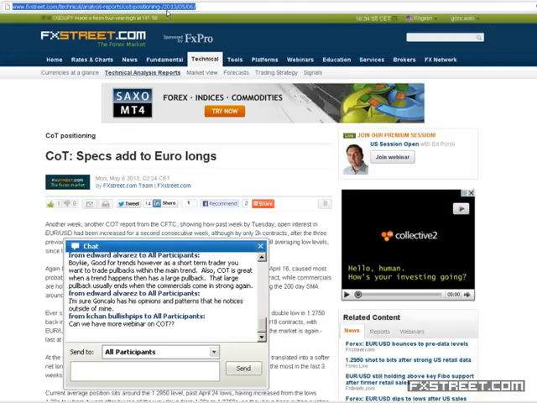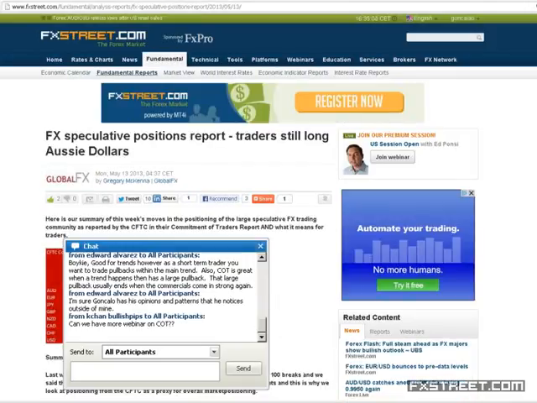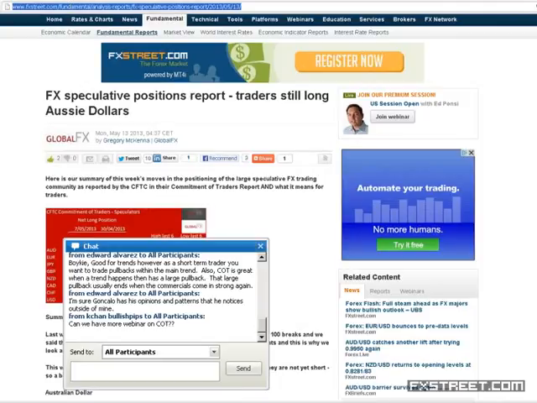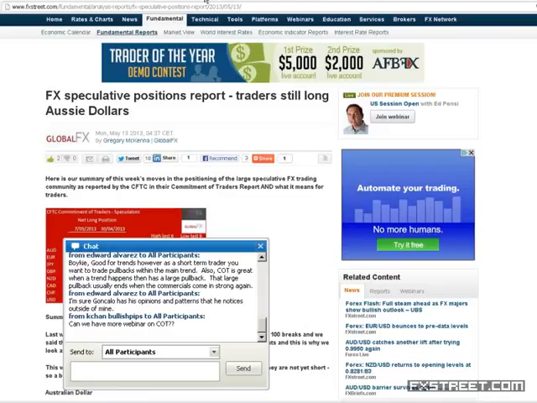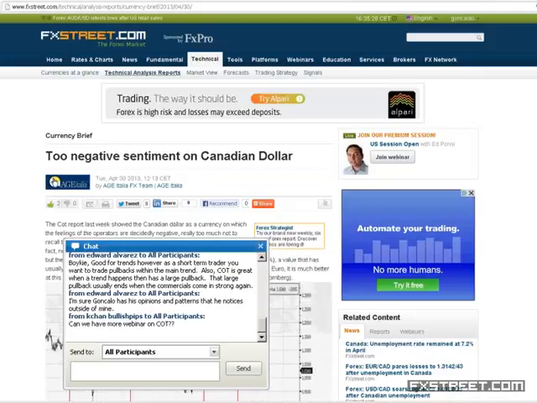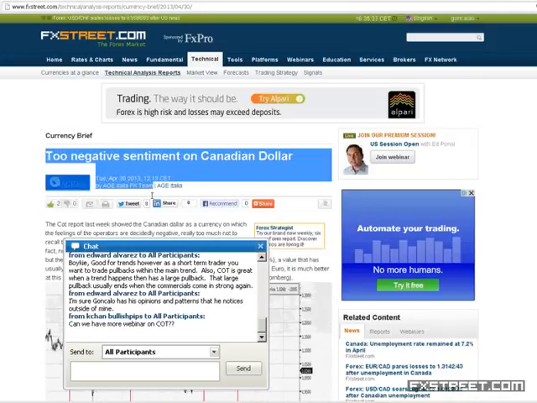I may share the link for this report, and there are also reports on CoT data delivered externally, for example this one from Global FX. I give you the link here so you can follow them. More or less each week they are published, and all these reports take information from CoT reports.